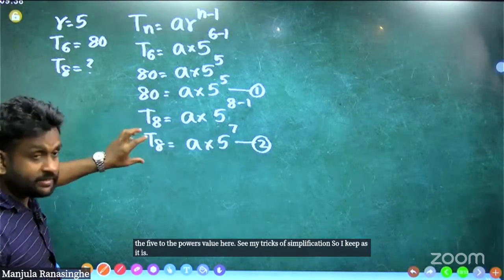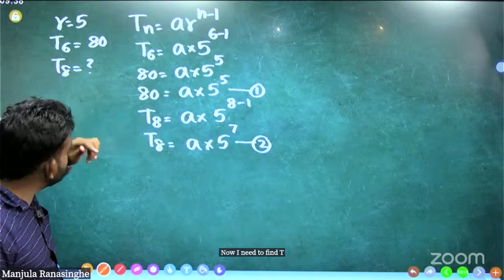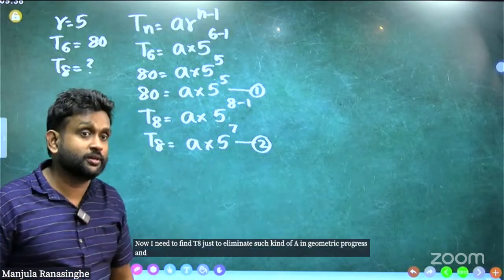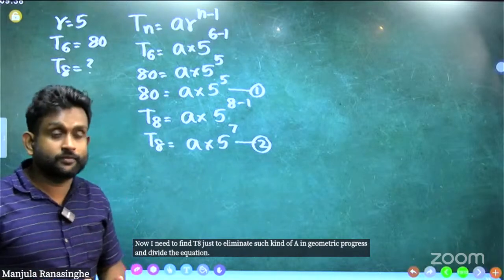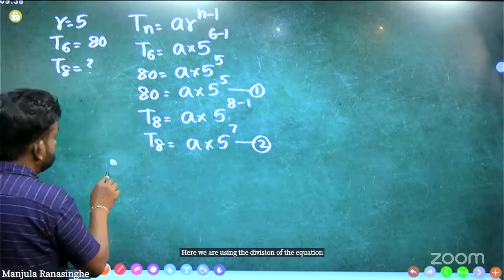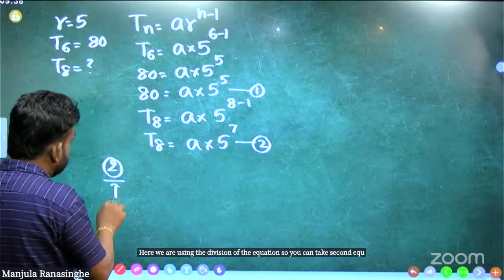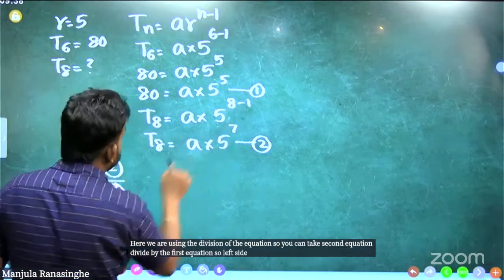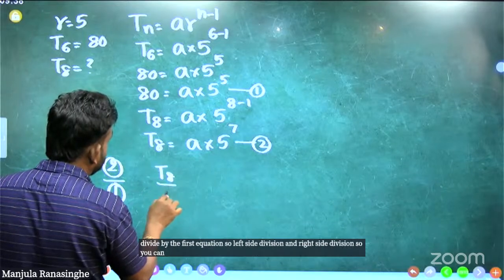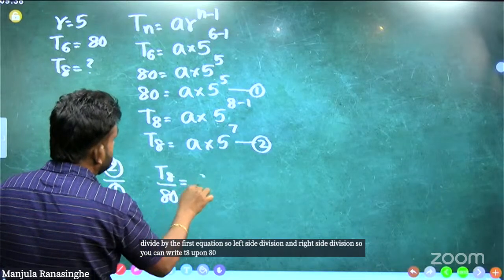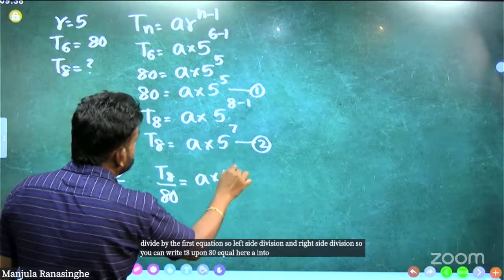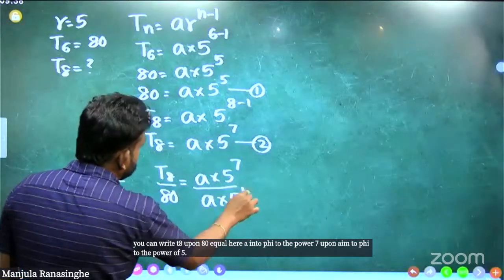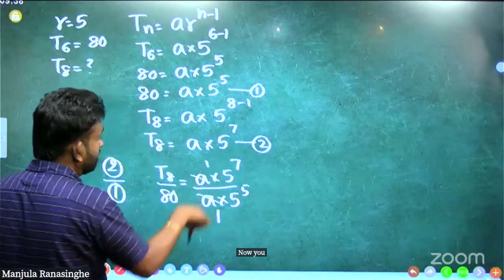Now I need to find T8. Just to eliminate such kind of A in geometric progression, divide the equations. Take the second equation, divide by the first equation. So left side division and right side division. So you can write T8 upon 80 equal A into 5 to the power 7 upon A into 5 to the power 5. Now you can see A cancelled out.